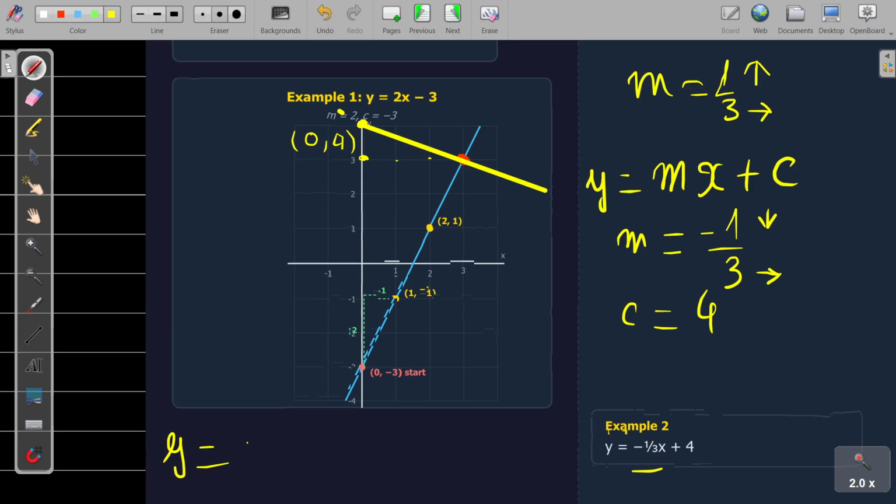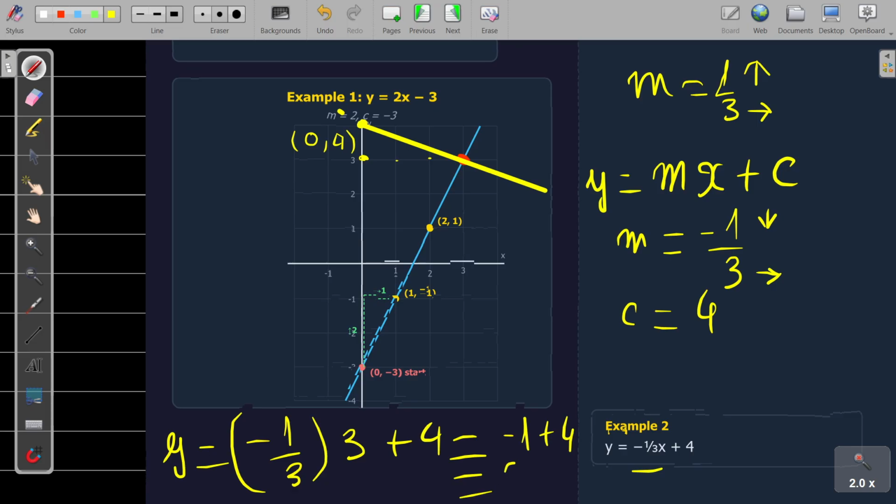So y equals minus 1 over 3, multiplied by 3, plus 4. I would get minus 1 plus 4. This will be 3. So this is correct, because if x is 3, y is also 3. So it passes exactly through 3, 3.